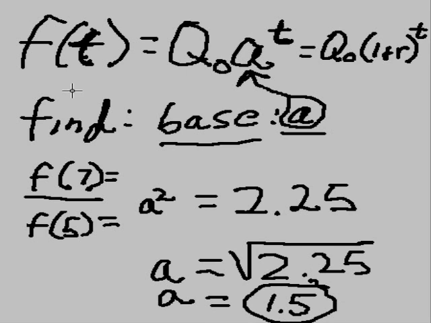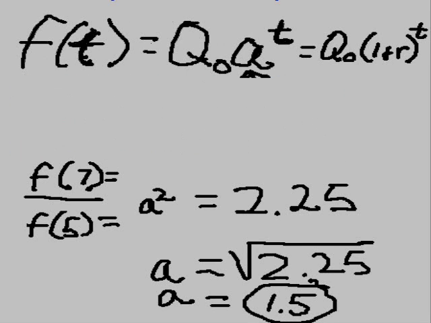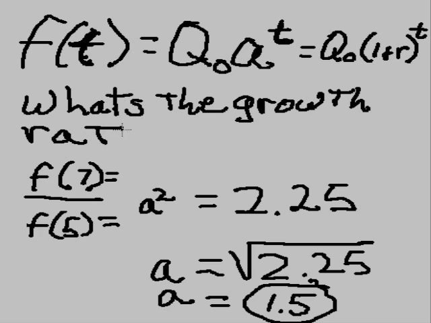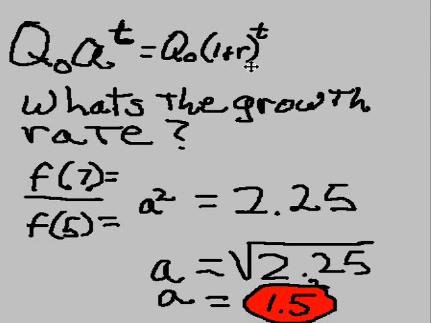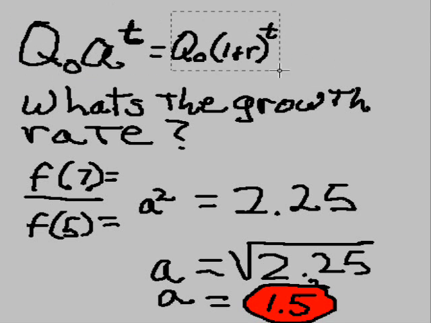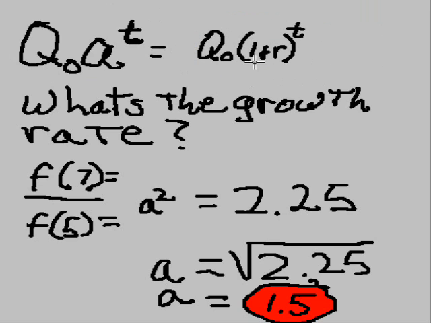But now they went and did something really nasty. They asked me this tough question, which stumped me for a little while. It was, what's the growth rate? Well, I know that a is equal to 1.5. I also know that q sub 0 times a to the t power is equal to q sub 0 times, in parentheses, 1 plus r, for rate, raised to the t power.